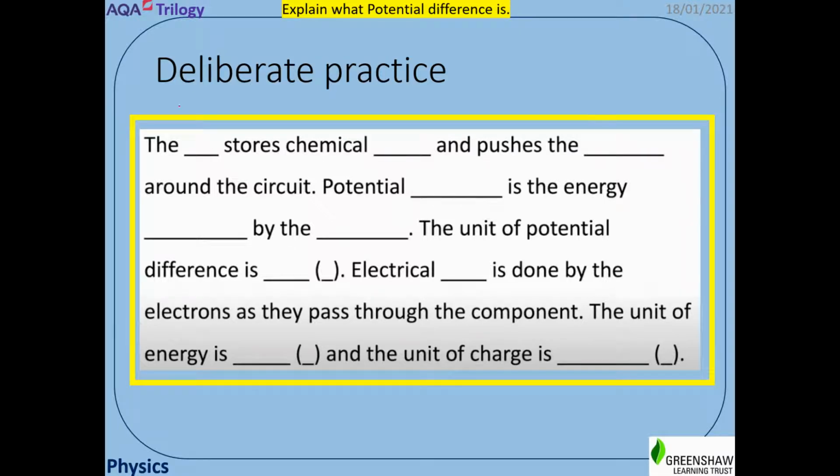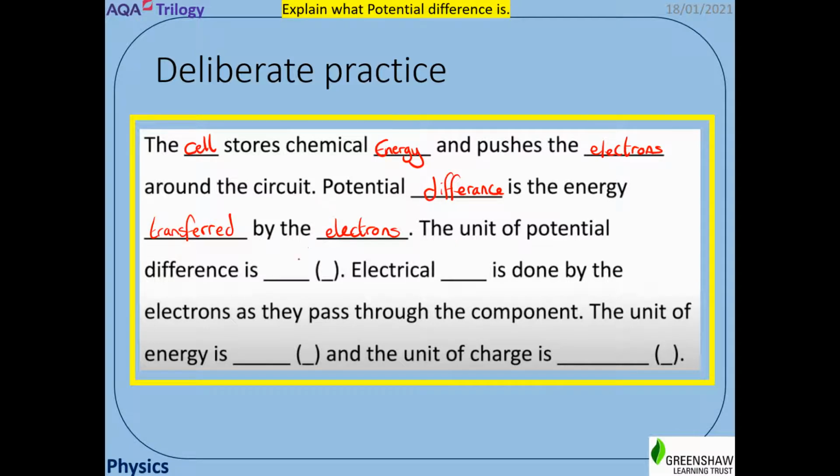So the cell stores chemical energy and pushes the electrons around the circuit. Potential difference is the energy transferred by the electrons.